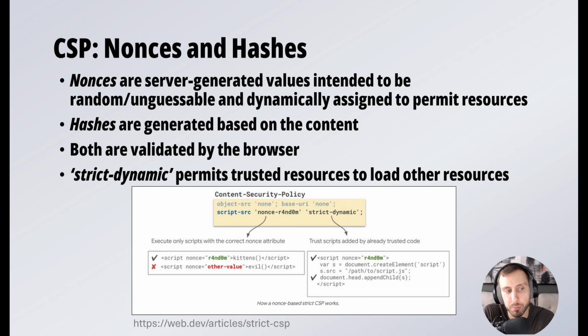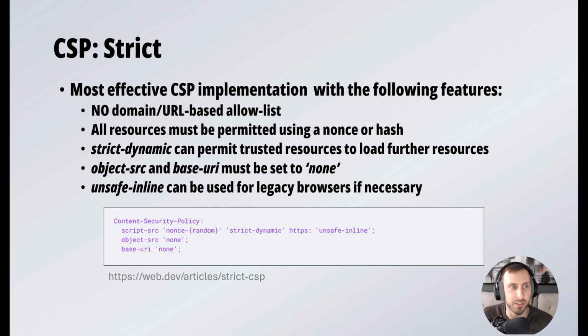One other mechanism that's important to note is strict dynamic that permits trusted resources to load other resources. So you'll see that in the example on the bottom right. If you have a script that is allow listed with a nonce, then it can also load other scripts, which does potentially open additional risk to the application, but it generally is an acceptable practice, I'll say, is kind of the consensus.